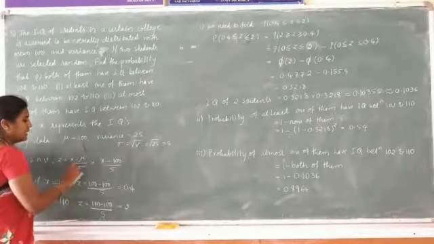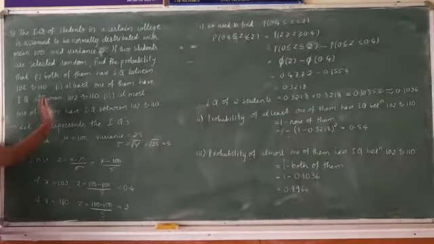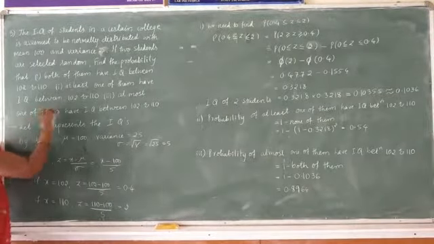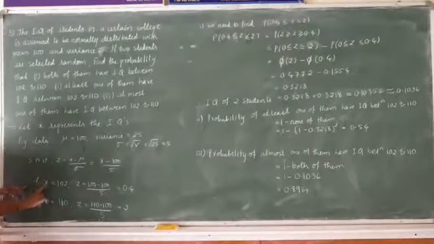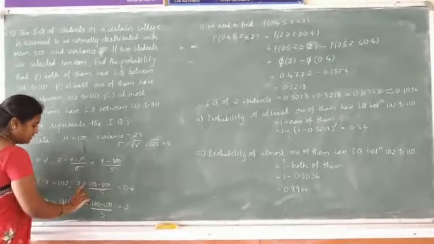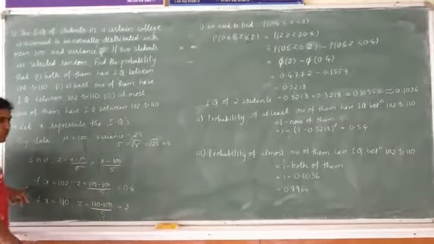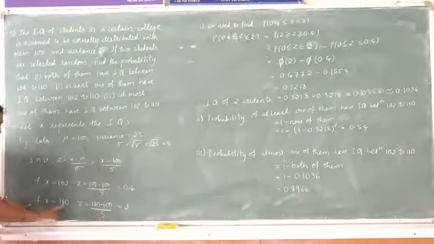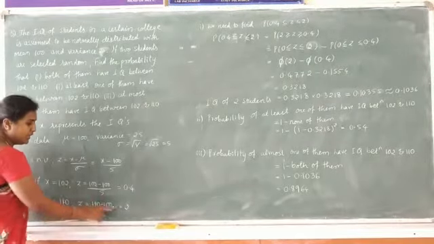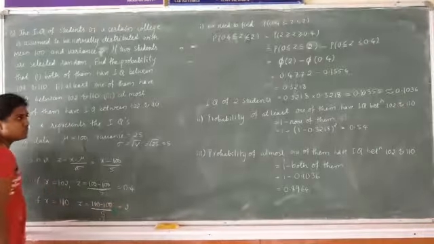That is x minus 100 upon 5. Now they have given x values, that is 102 and 110. If x equals 102, then z will be 0.4. Substitute x equals 102 and simplify. Here we are getting z as 0.4. If x equals 110, then z will be 2. Substitute x equals 110 and simplify. Here we are getting z equals 2.